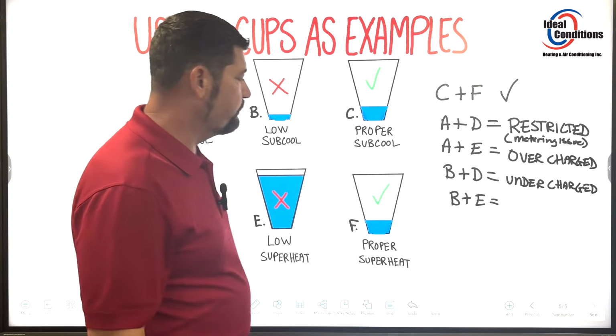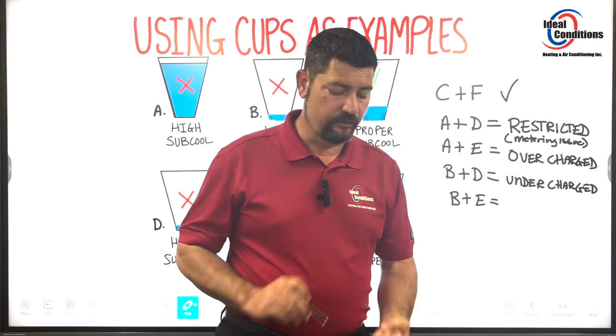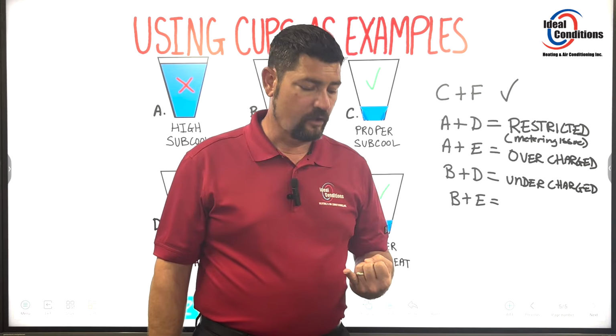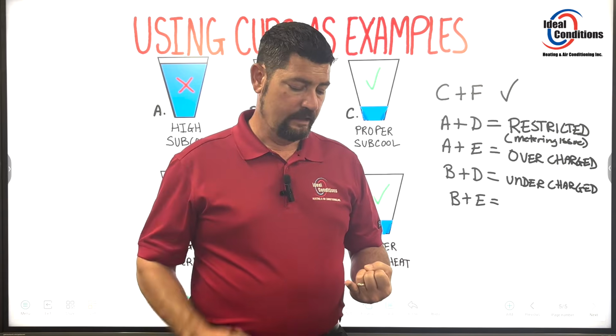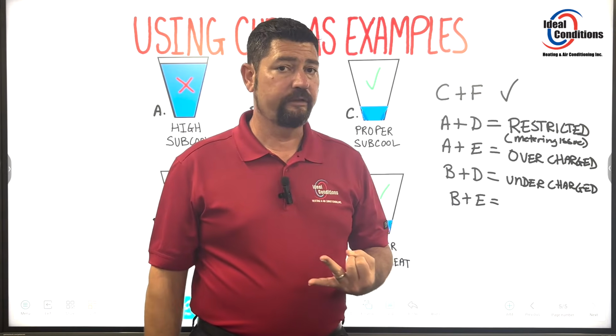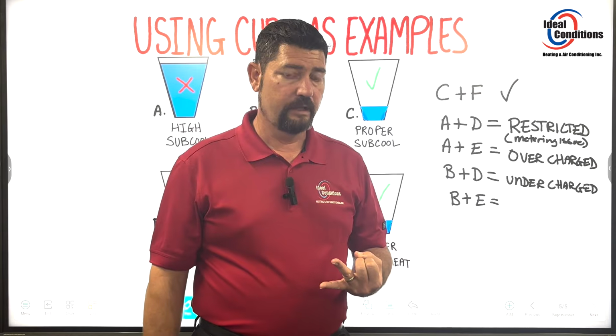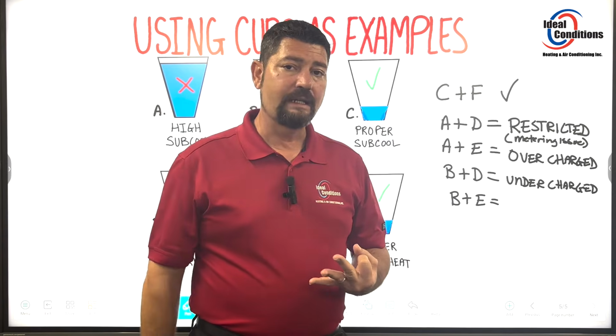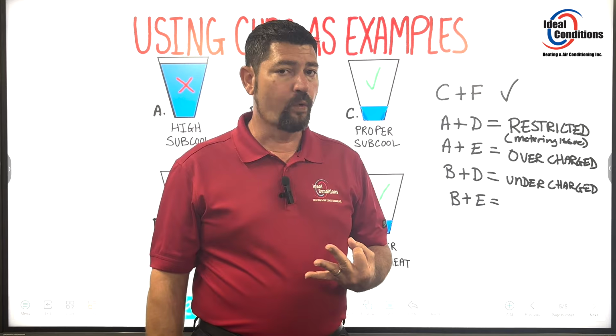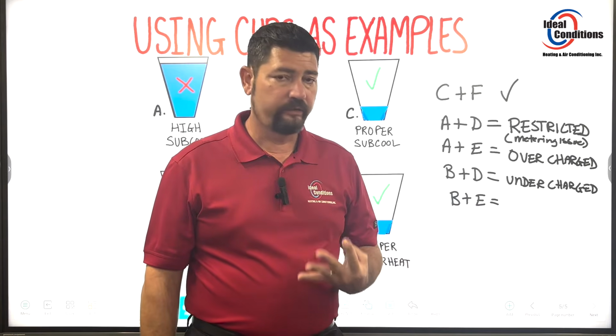Most of the time you have a problem with B and E, it is due to neglect from the homeowner. It is due to it not being properly serviced from the company. It is due to somebody not putting it together right, poor installation, poor sizing.